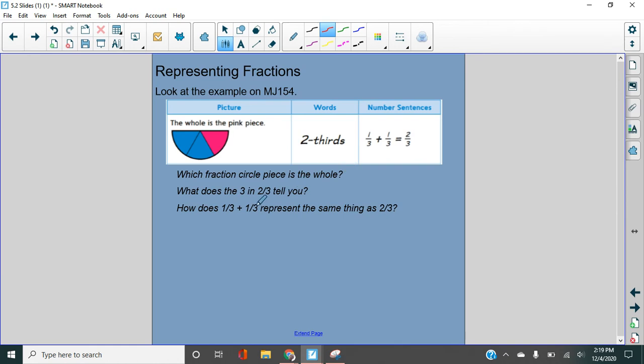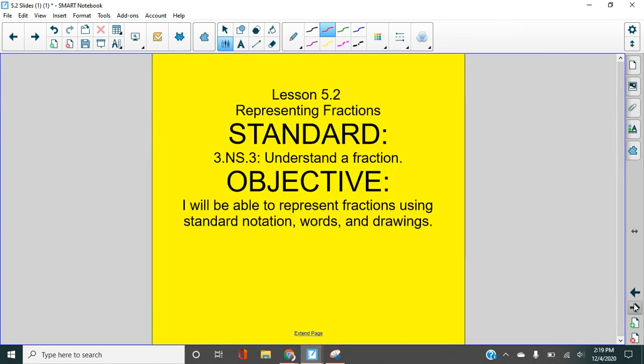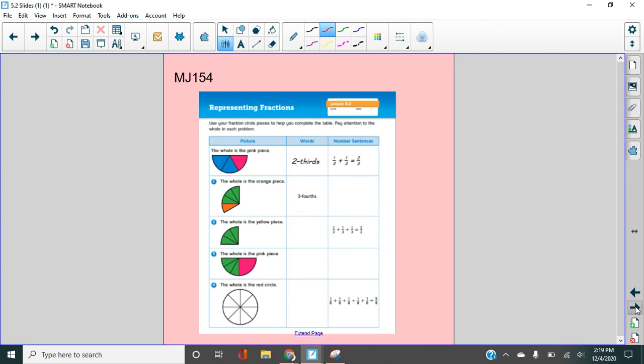And how does 1/3 plus 1/3 represent the same thing as 2/3? That's just kind of an adding problem, right? If this is 1/3 and this is 1/3, the two of them together equal 2/3. All right, on that page is our objective, right? To be able to represent fractions using standard notation, words, and drawings as we work to understand these.